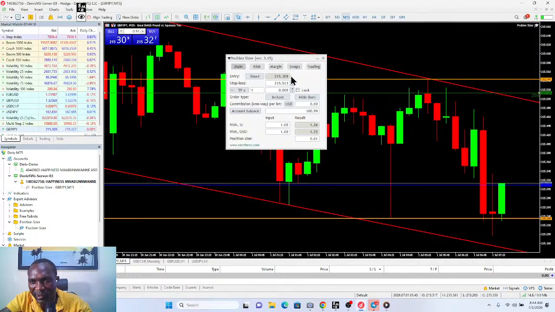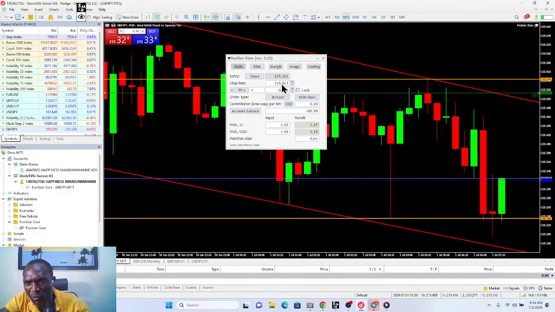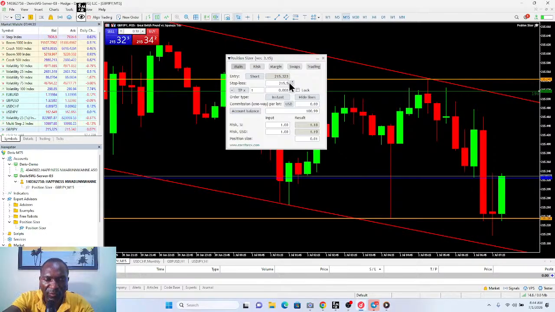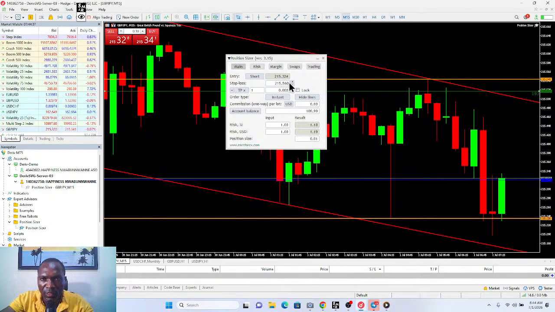So it's even stated. Let's assume that it's placed. Now my stop loss, I want to use 215.60. So that we said we are going to raise so that we'll not see our risks.